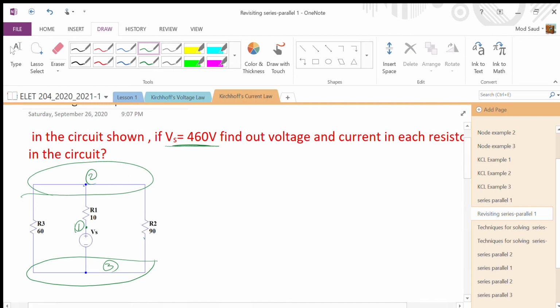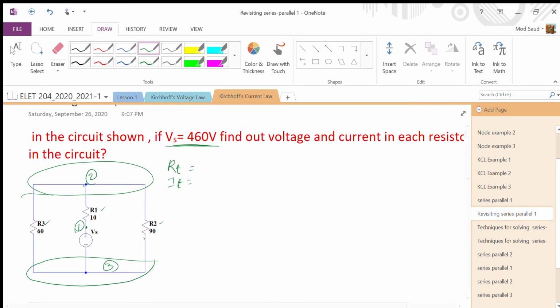It is a series parallel combination. All resistor values are given, and the voltage source also is given. So I will solve this problem by first finding R total, then I total, and I will go forward from this point.